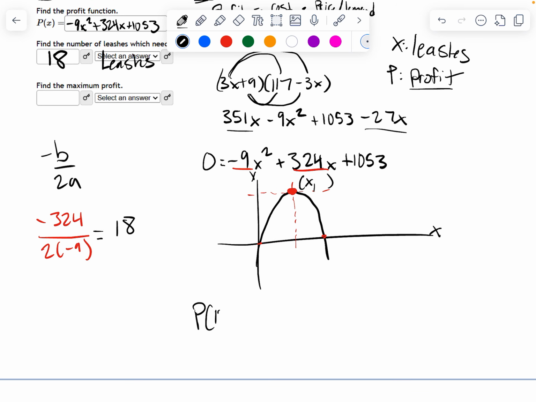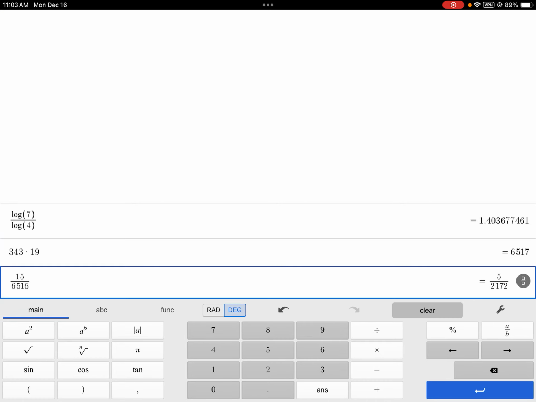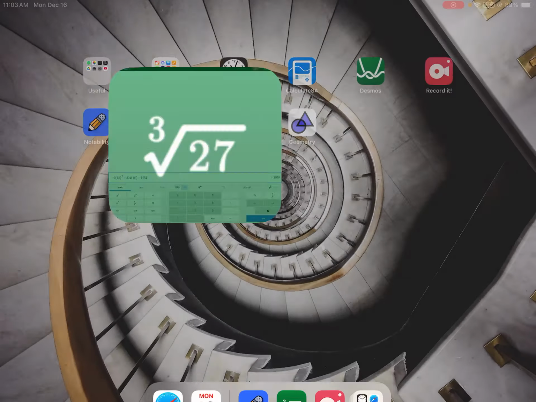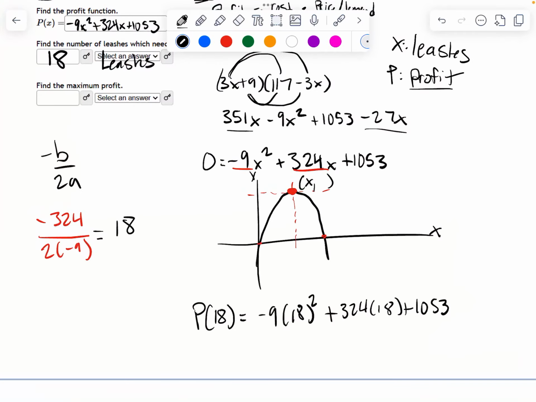So the profit for 18 leashes equals negative 9 times 18 squared plus 324 times 18 plus 1,053. I'll go to my handy dandy calculator here and enter negative 9 times 18 squared plus 324 times 18 plus 1,053.